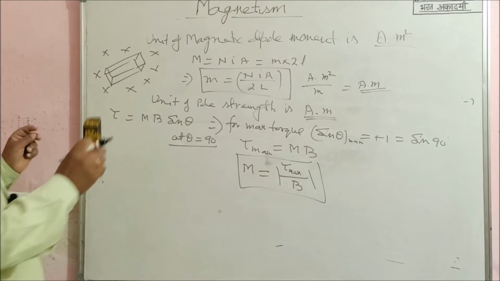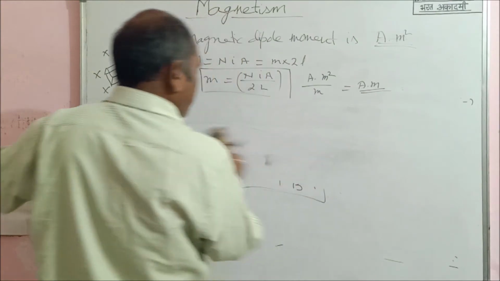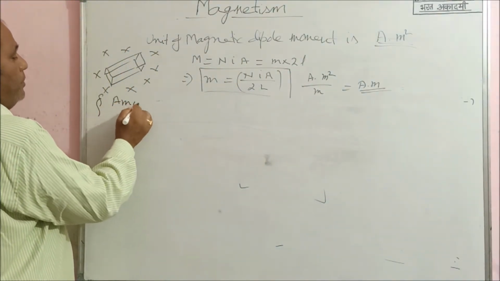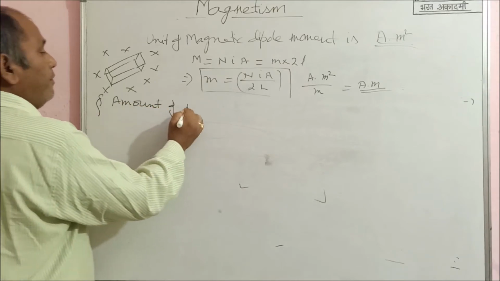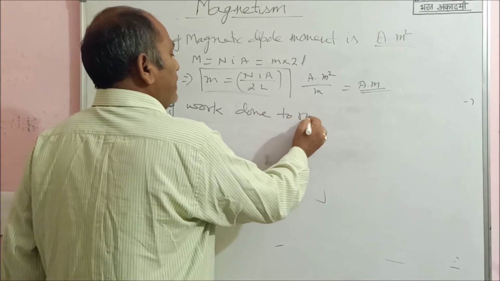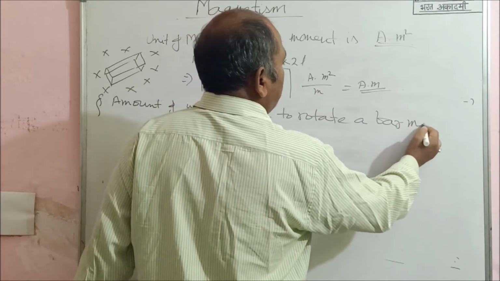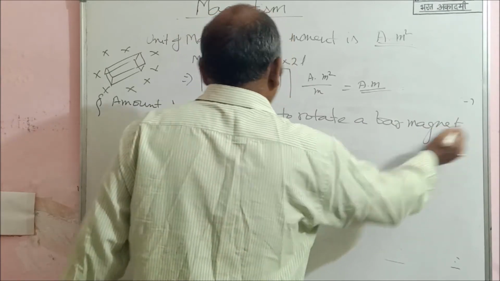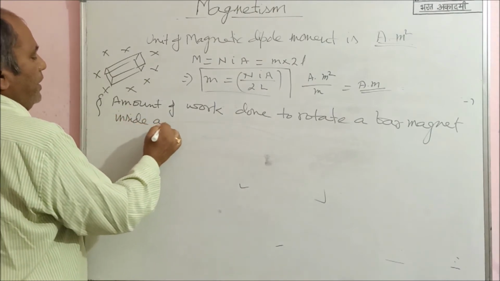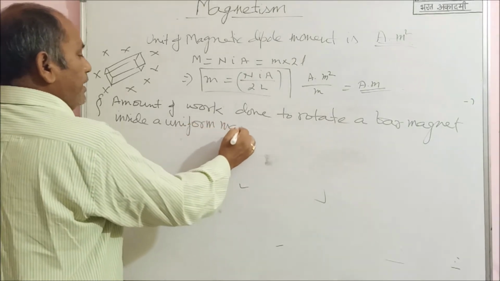Now, tau we have established. We will repeat the article: the amount of work done to rotate a bar magnet, a magnetic dipole, inside a uniform magnetic field.